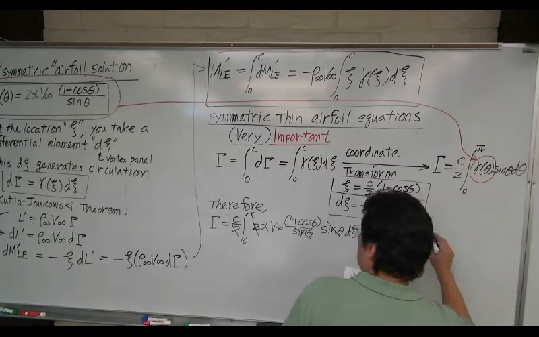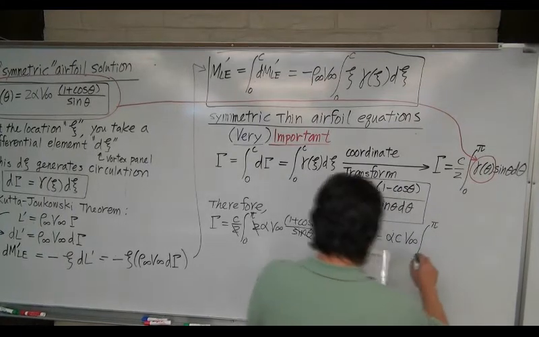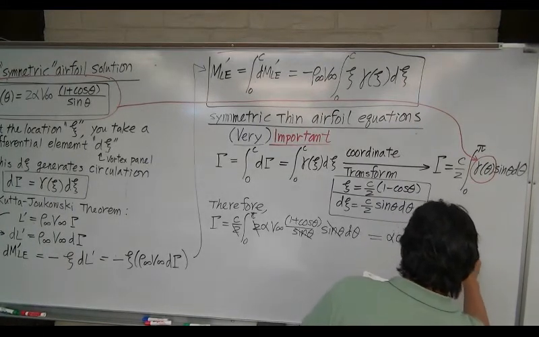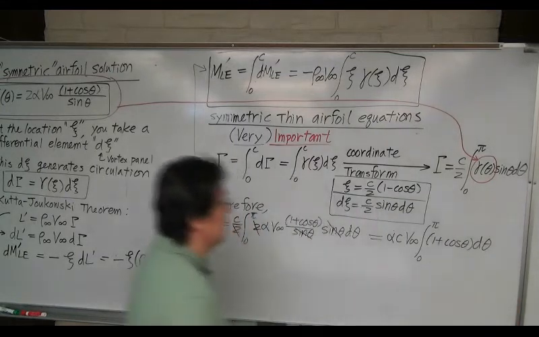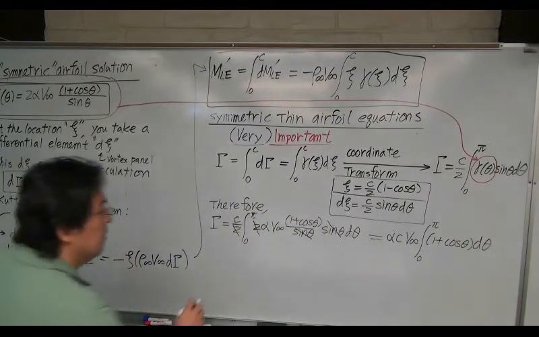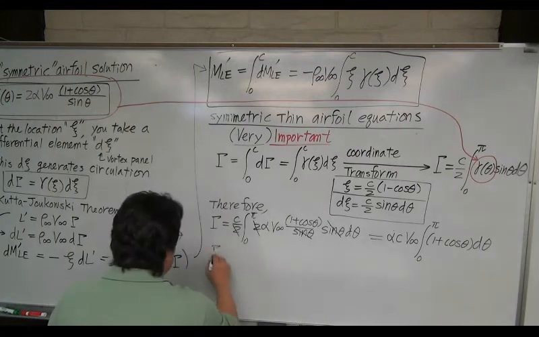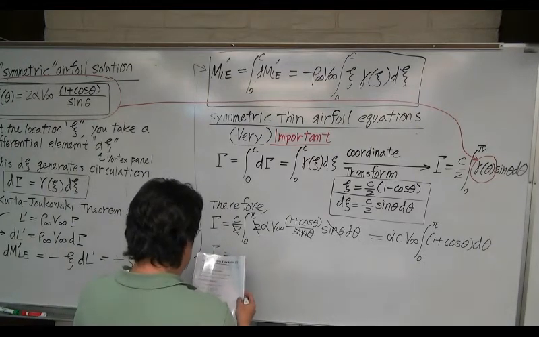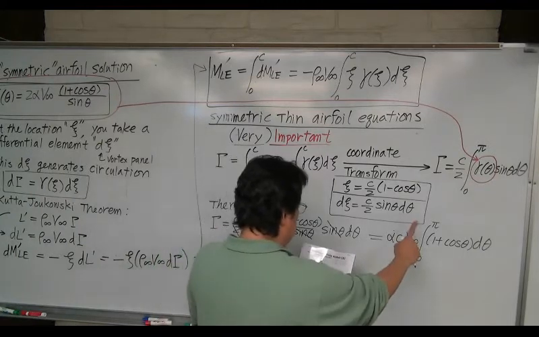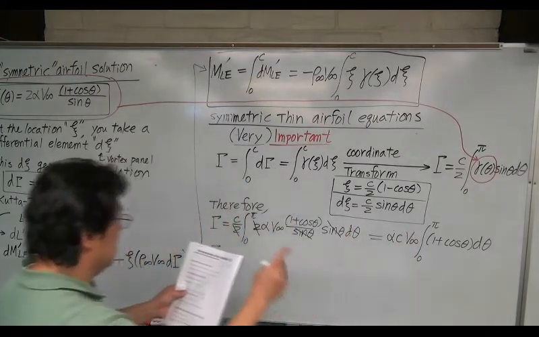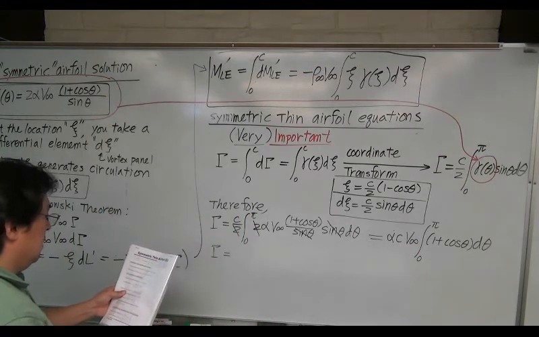Integral from 0 to pi of 1 plus cos theta d theta. Okay? So you can finish up this one. So gamma is equal to... Okay. What is the integral from 0 to pi of 1 plus cosine theta d theta, which is interestingly pi.